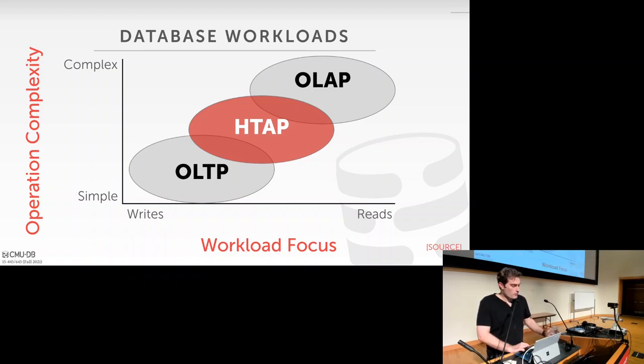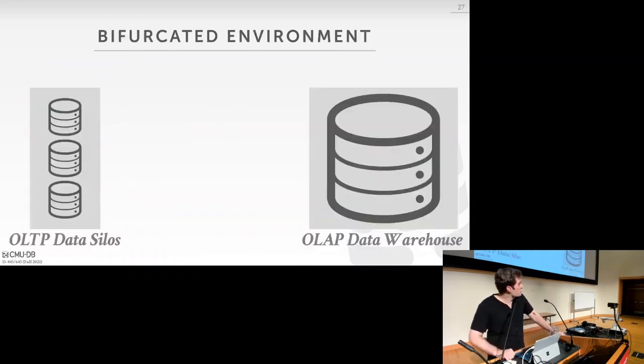So the way that this usually looks in practice is a company or organization will set up these two separate environments. On the one side, you'll usually have multiple OLTP data silos.